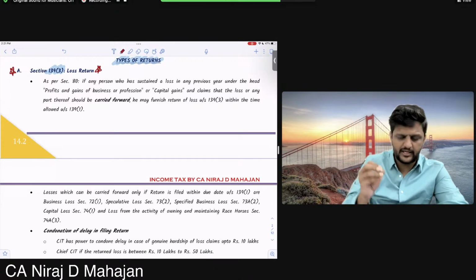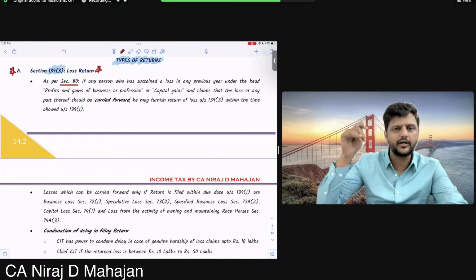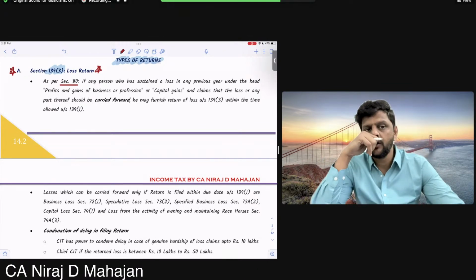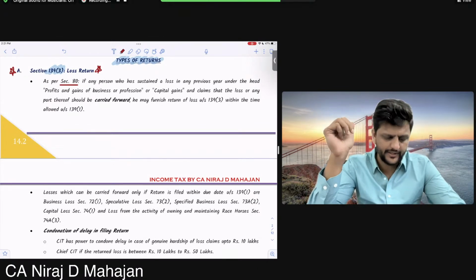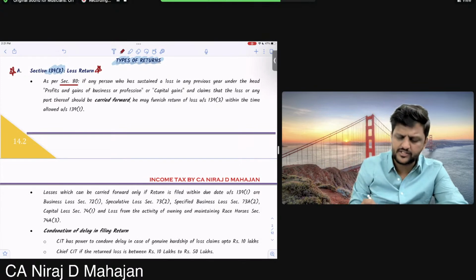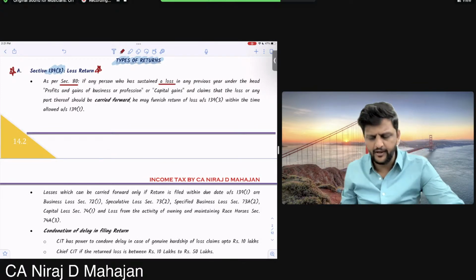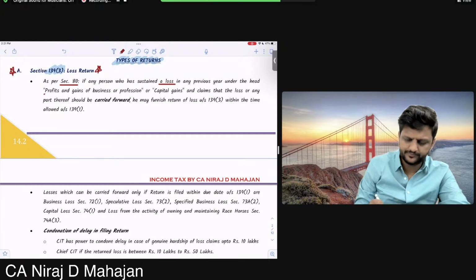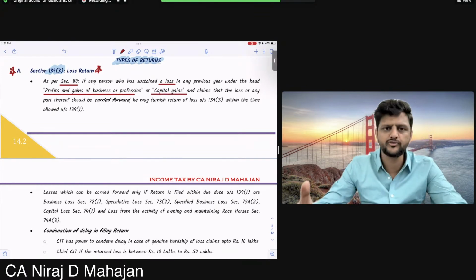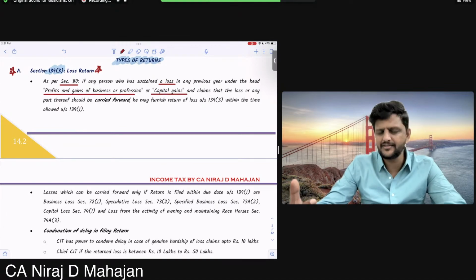As per section 139.3, we had seen that in carry forward and set off of losses. Section 80: if any person who has sustained a loss in any previous year under the head PGBP or CG, correct? House property, no problem. Income from other sources also, it is very rare to have a loss.